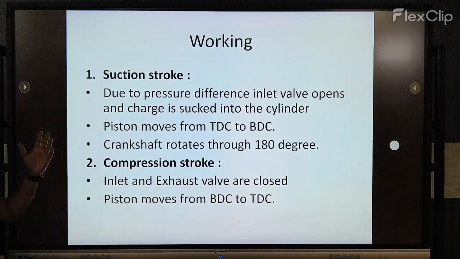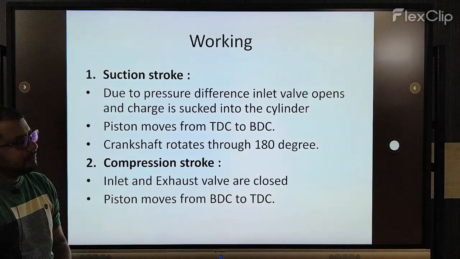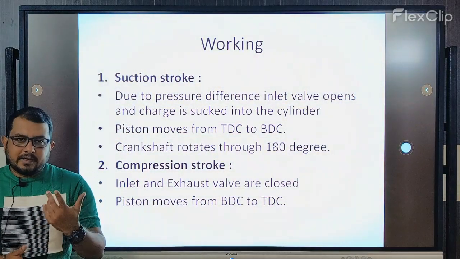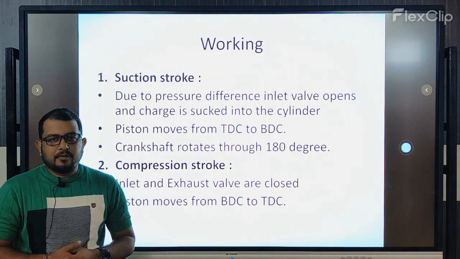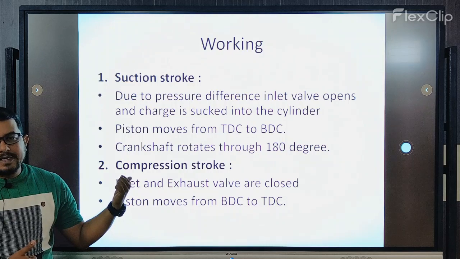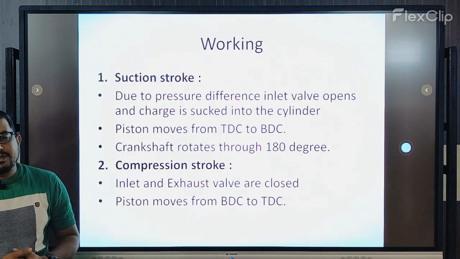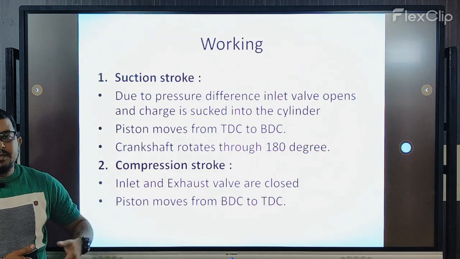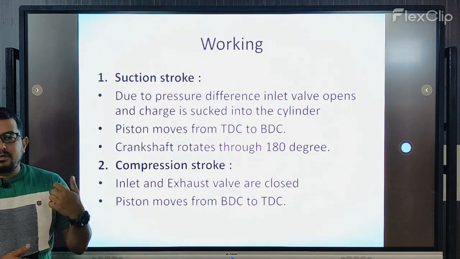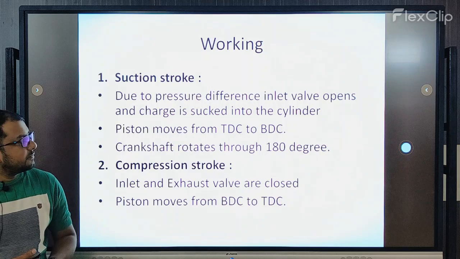We will be seeing the working. Though I have told you about the working in brief, we will now study its working and observe what happens after which stroke and so on.